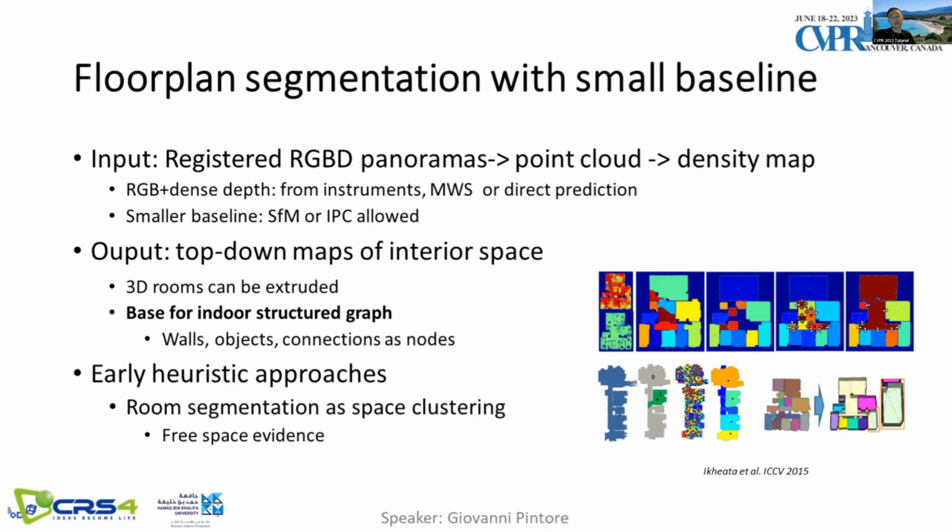In this case, the problem becomes quite different. In the case of a professional acquisition campaign, we usually have a dense point cloud, so dense occupancy maps usually represented as a floor in a floor plan, a nadir plan.